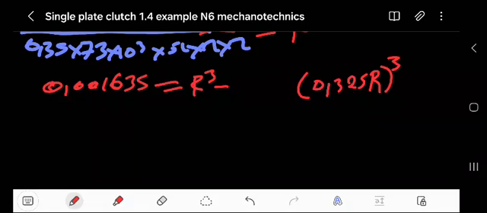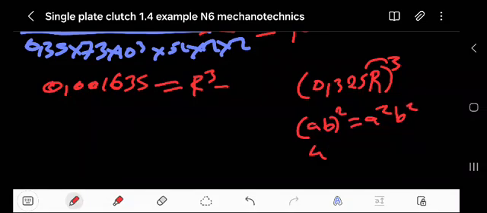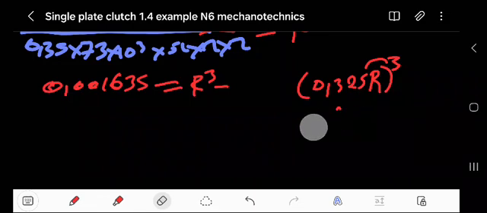Mathematically, you have to remember the law of exponents. If you have a times b, squared, this will simply equal a squared b squared. If you have a b cubed, then this will be a cubed b cubed. So you'll apply this law. This is maths, guys. So this will simply equal 0.325 cubed R cubed, as you can see. So 0.325 cubed.